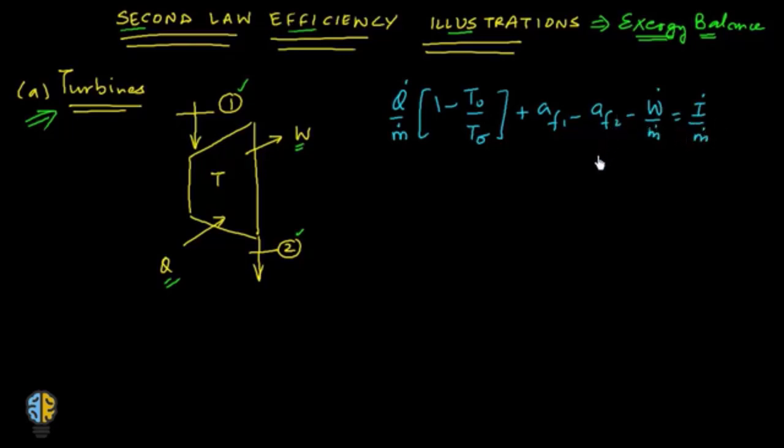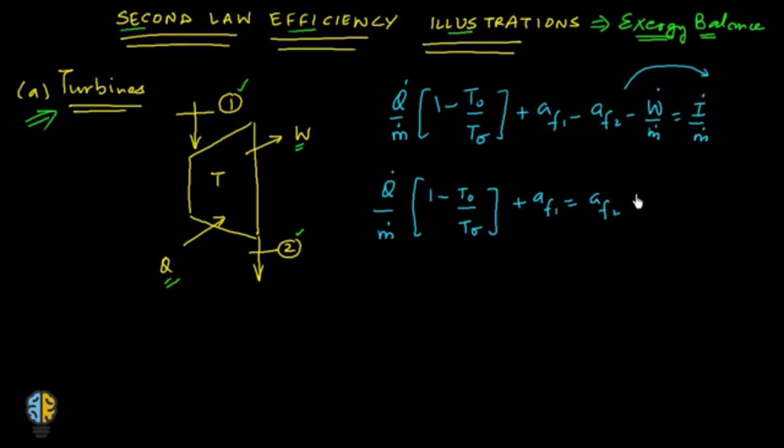Now if you take all the negative terms towards the right hand side, this would give you Q dot upon M dot into 1 minus T naught upon T sigma plus AF1, which is equal to AF2 plus W dot upon M dot plus I dot upon M dot. So this is what you get when you rearrange this equation.